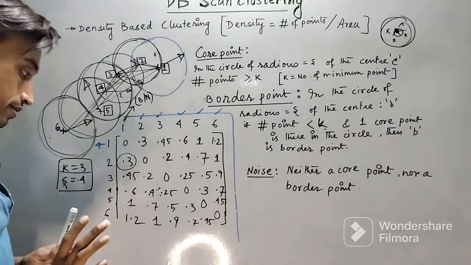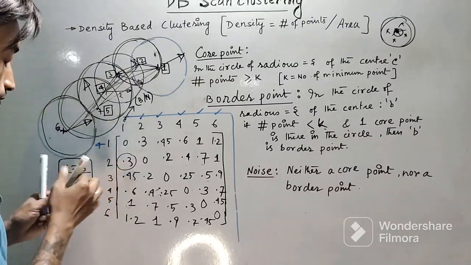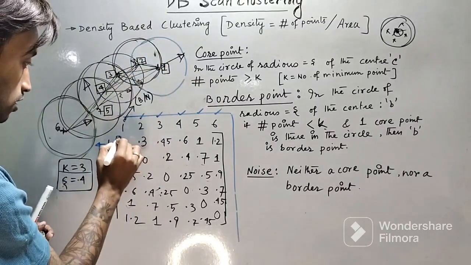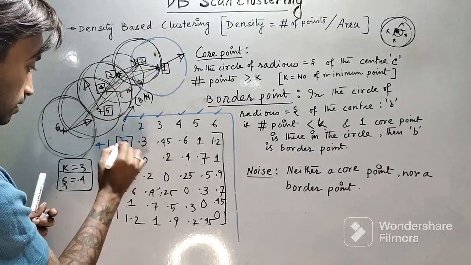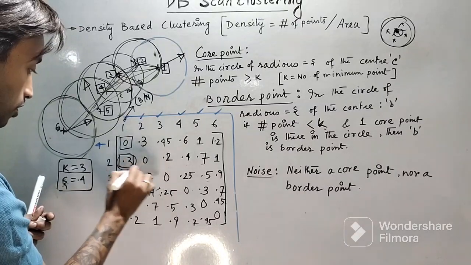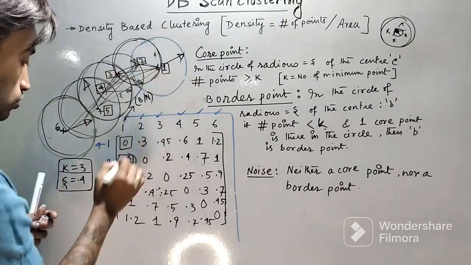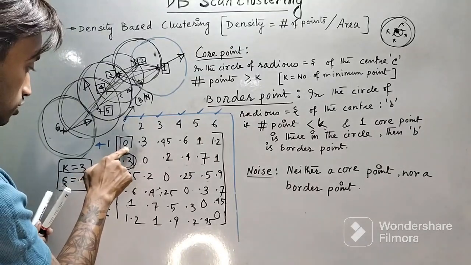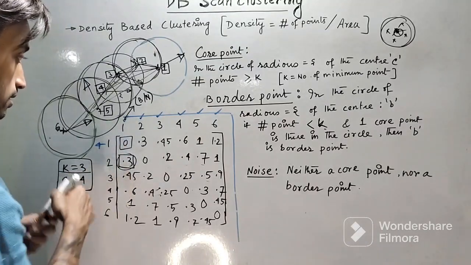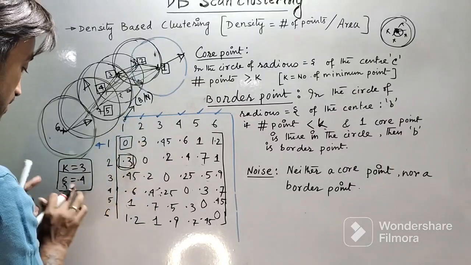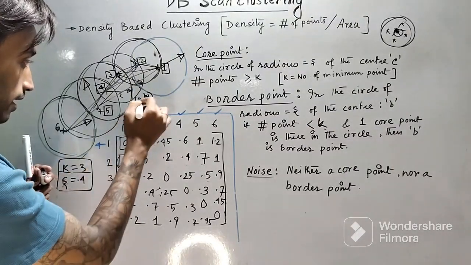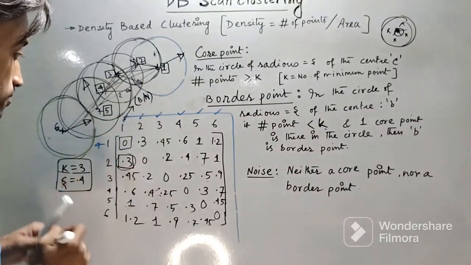This is not a core point, because how many points are there in this circle? That is, 1 itself is there, and another one is 2. So how many values are there less than 0.4? That is 0 and 0.3. That is less than k, that is nothing but less than 3. Then it will be either a border point or a noise.